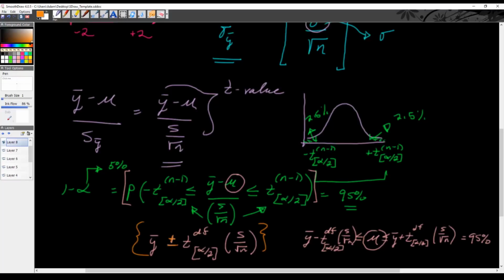So that means that 95% of the confidence intervals in the population of all possible 95% confidence intervals for the true value mu contain mu, and 5% of the confidence intervals in this population do not contain mu. But the main thing is 95% of the confidence intervals in the population of all possible 95% confidence intervals for mu contain mu.